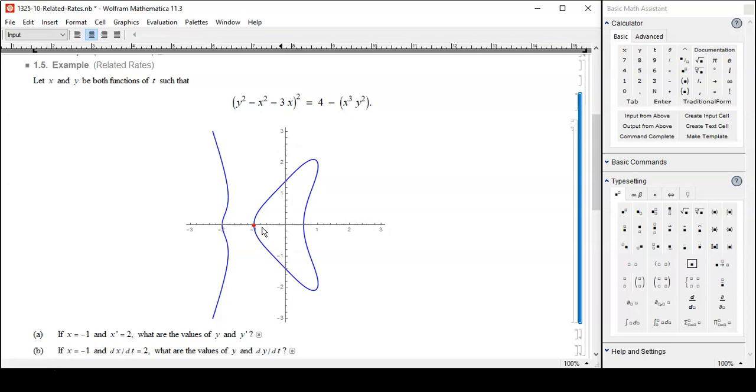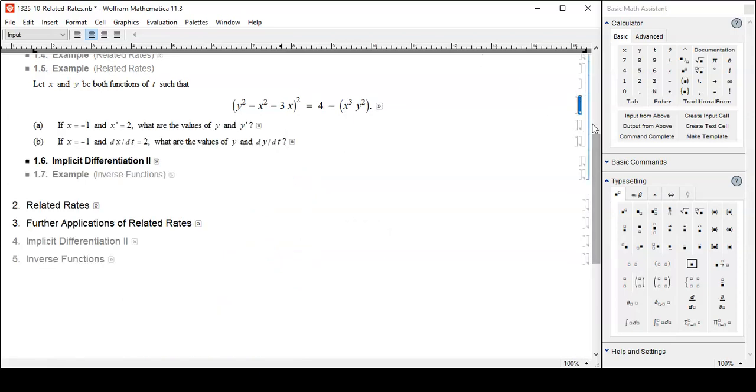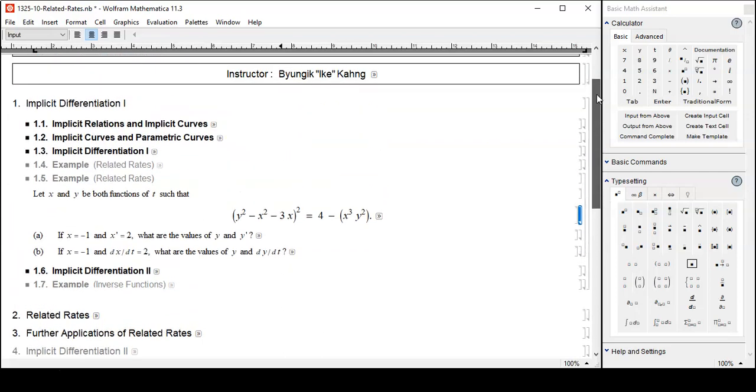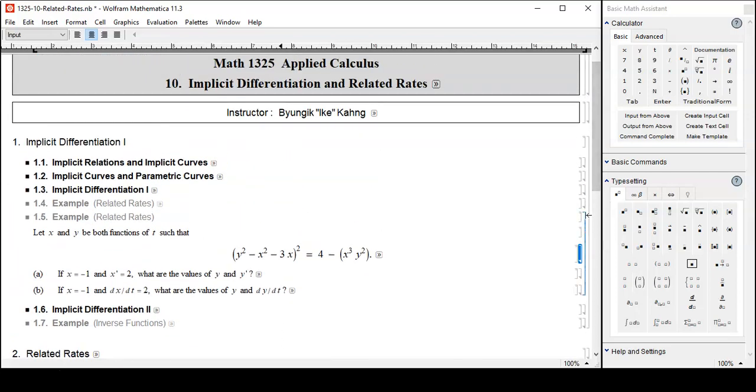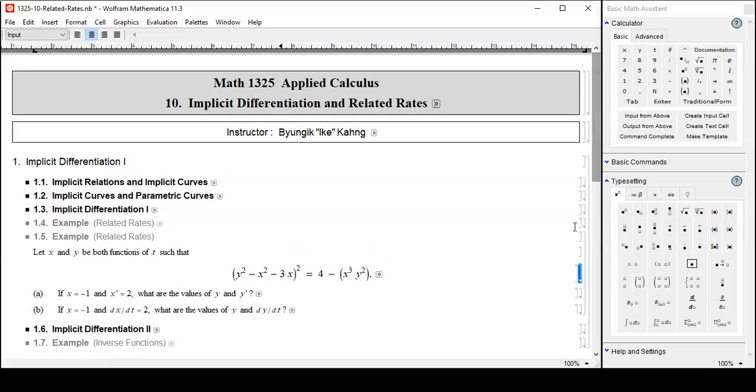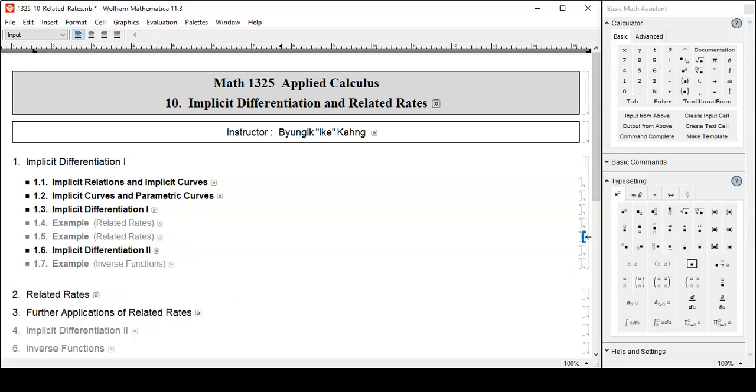This kind of thing can happen. As a matter of fact, sometimes things can break down for horizontal tangent as well for implicit differentiation, but let's not go too deeply into that. In any case, for implicit differentiation and related rates, sometimes something ridiculous can take place. That means that derivatives do not exist.